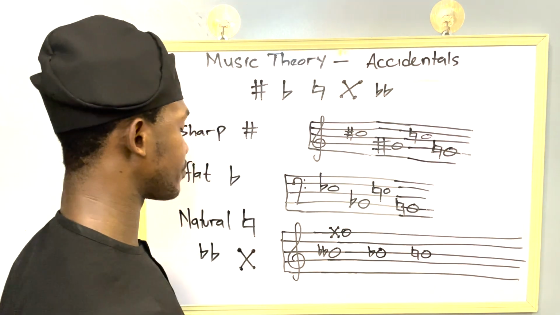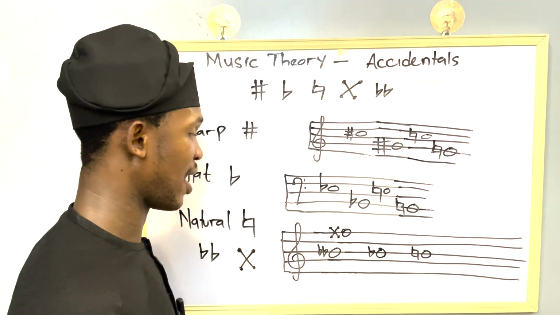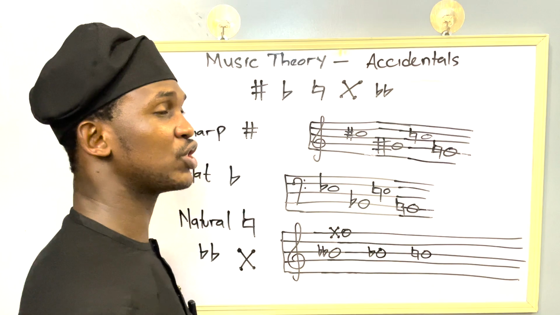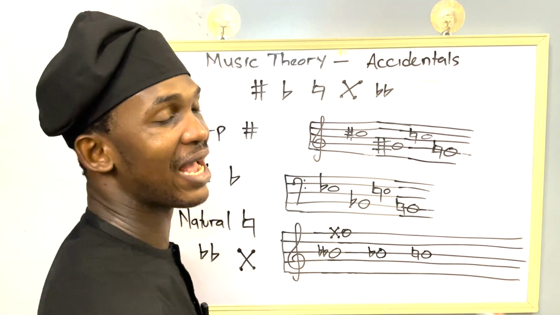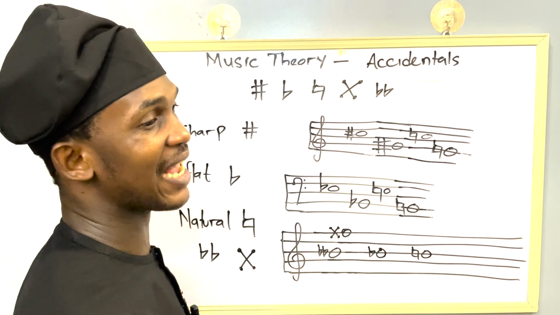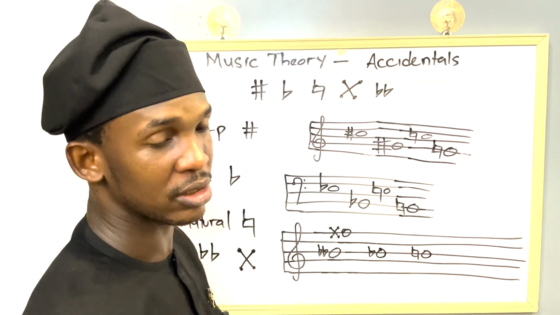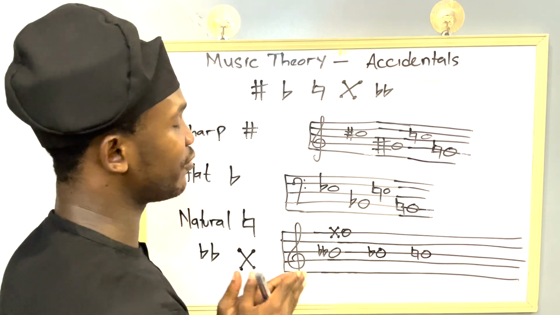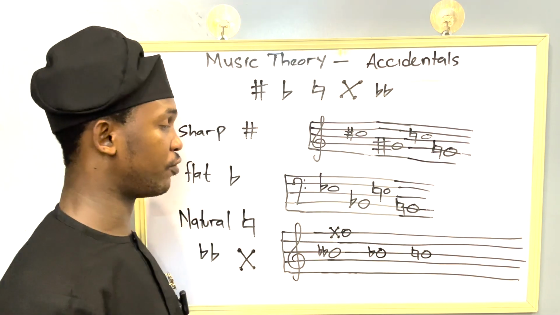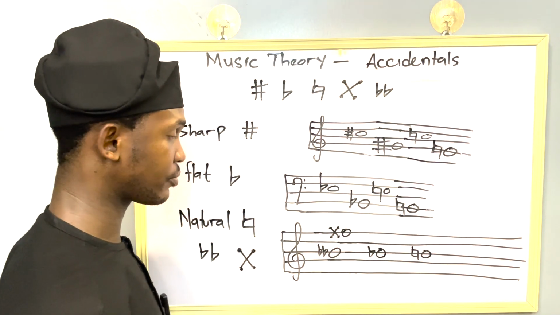So F double sharp, okay, it means that you sharpen F, you raise F twice. Okay, so when you raise F once, that is F sharp. You raise F sharp again, it will land on G. So F double sharp is another enharmonic or another name for G. All right.